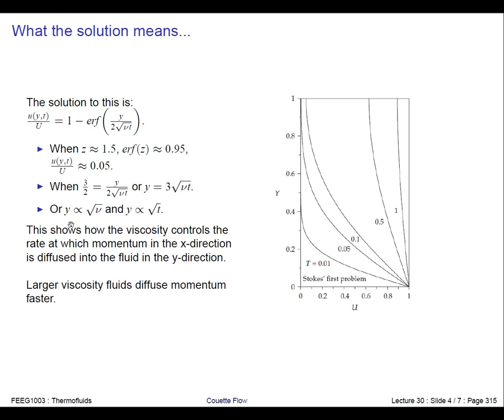So what this is trying to say is, if you choose a certain point and you want to get a certain velocity at that point, the time it takes is proportional to the viscosity, and more viscous fluids will diffuse momentum at a faster rate.